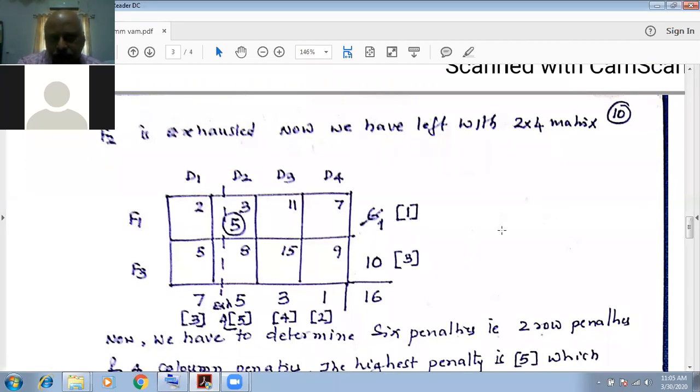So for F1, F2, you have to find out the penalty now. In this row, 2 is minimum. The next minimum is 3. The penalty is 1. I have written it here. Next here is the 5, and the next least cost in this row is 8.